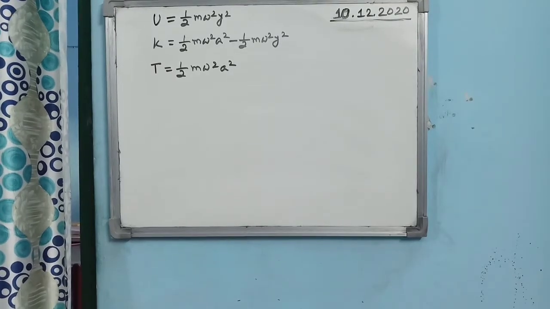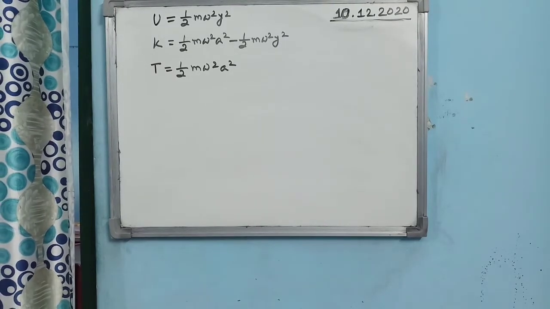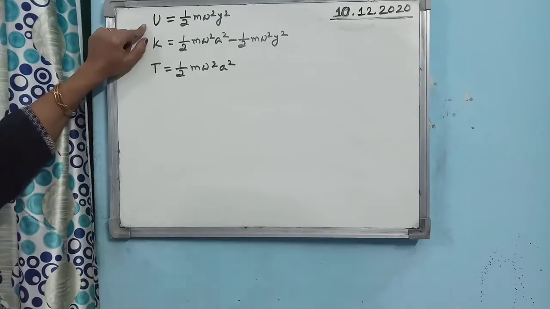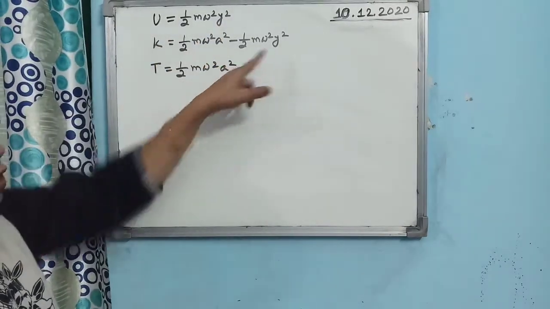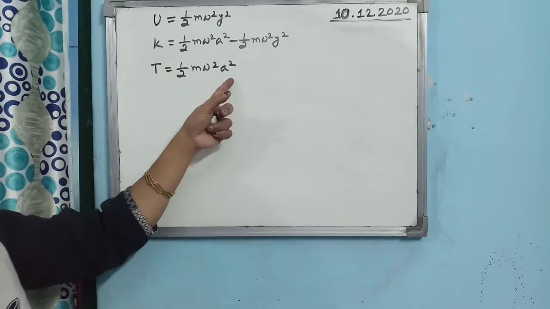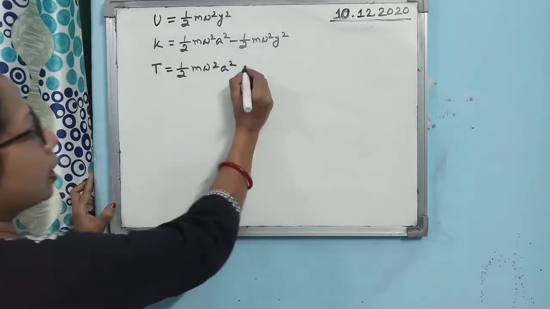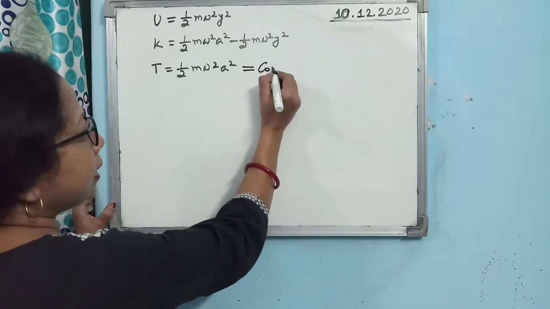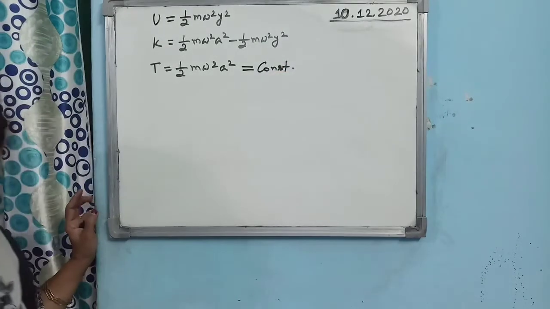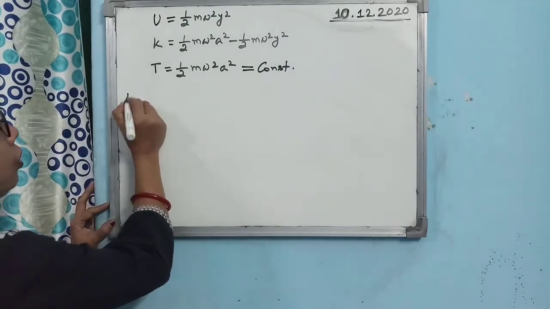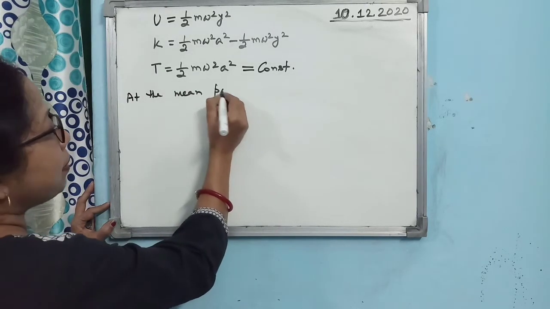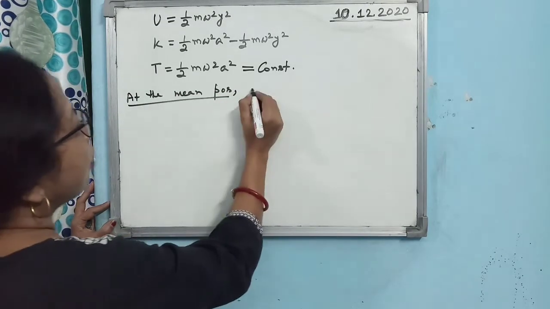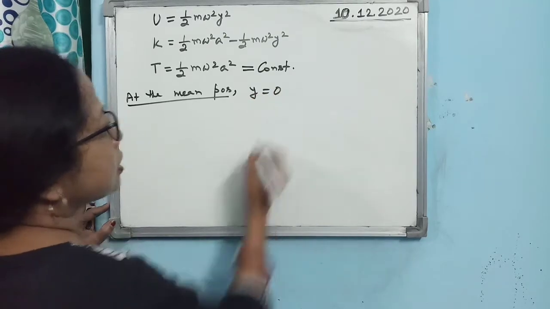Now if you consider all three types of energy together, potential energy is half m omega square y square, kinetic energy is this relation and total energy is half m omega square a square. Immediately you can conclude that total energy is constant throughout the motion. Now at the mean position, y is equal to 0.